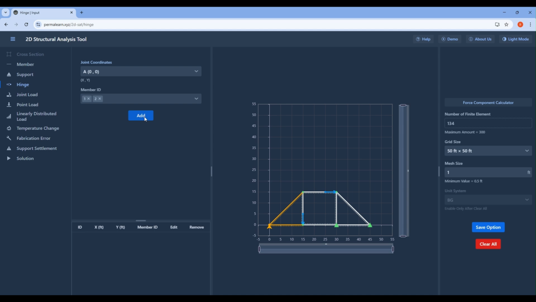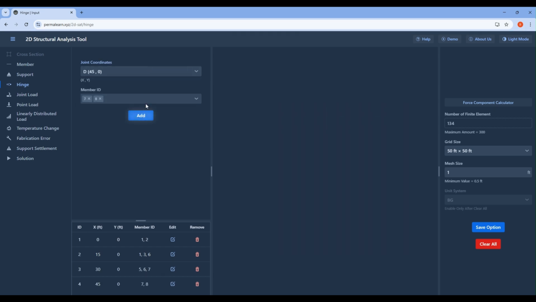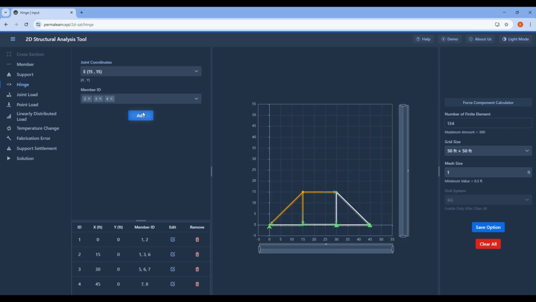For example, we need to add hinge for member A here, B here, C here, D here, and also E here, and also F here. Only for the truss problem, you need to add all members as a hinge.